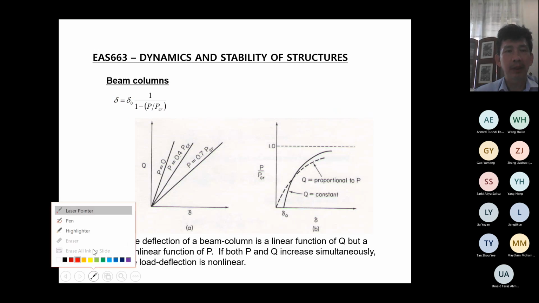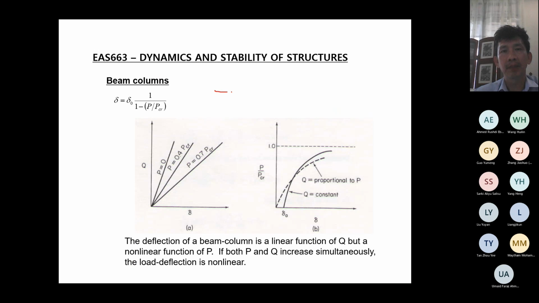Remember, this is for a simply supported beam with a midspan load Q. The span is L over 2 on each side, and delta 0 here is QL cubed over 48EI.